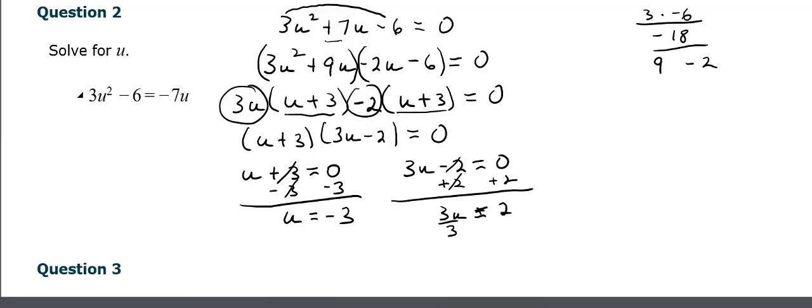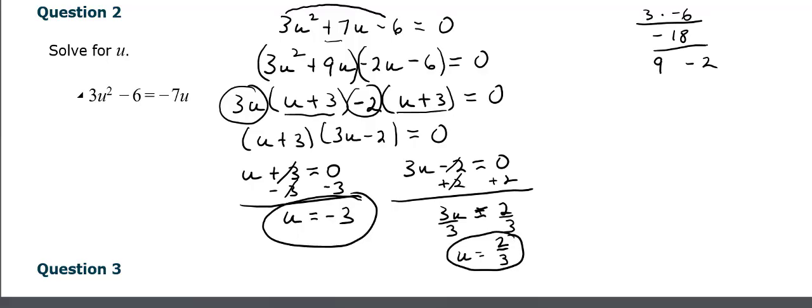And then divide by our coefficient 3. So our two solutions would be u equals negative 3 and u equals positive 2/3.